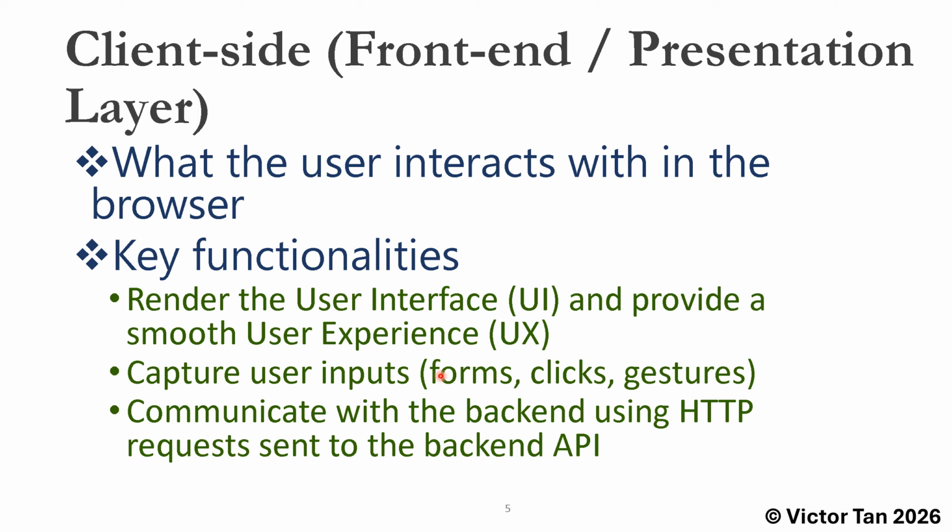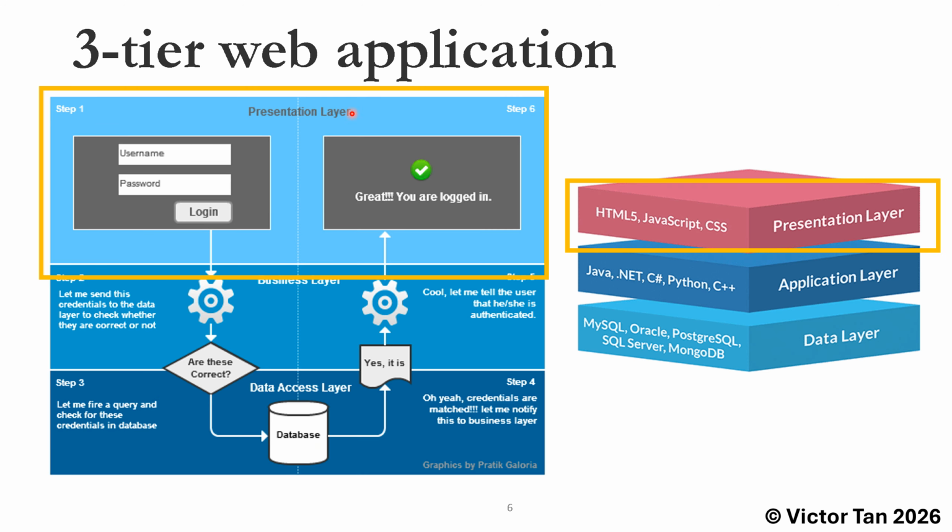It captures user inputs such as entry in the forms, clicks on specific buttons, and even gestures. And it communicates with the backend server using HTTP requests, typically through an API that's exposed by the backend app. Okay, so this is your front end or client side presentation layer.